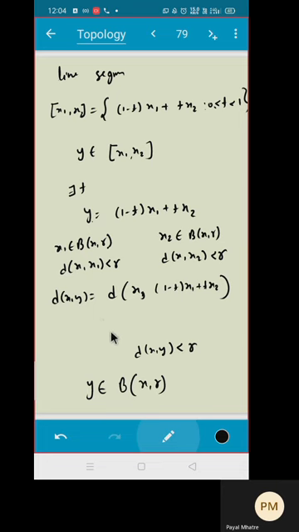How can you write this thing? Can you prove this whole thing is less than r? That is the question. Graphically it is quite clear.